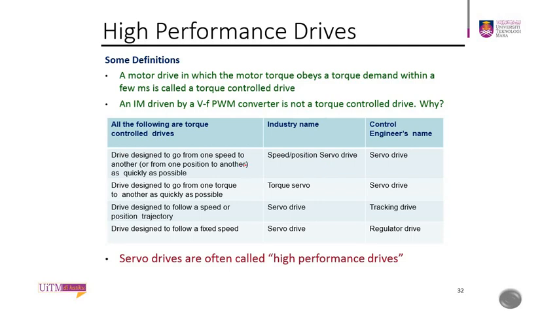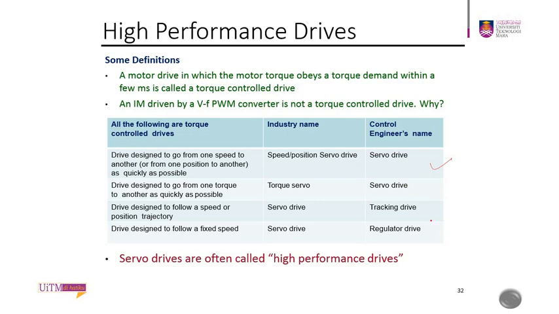You can see the following torque control drives, for example, a drive designed to go from one speed to another, or from one position to another, as quickly as possible. This is for industry that uses speed and position servo drives, so they need a servo drive in order to execute this.